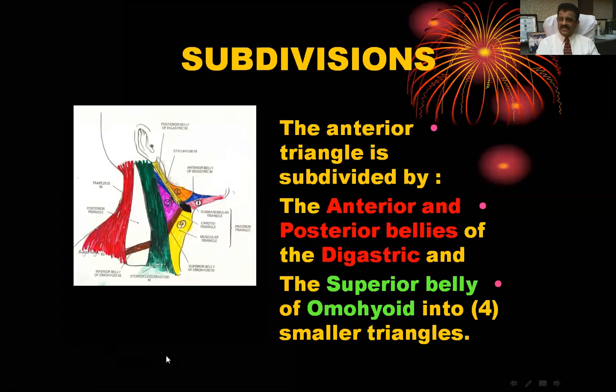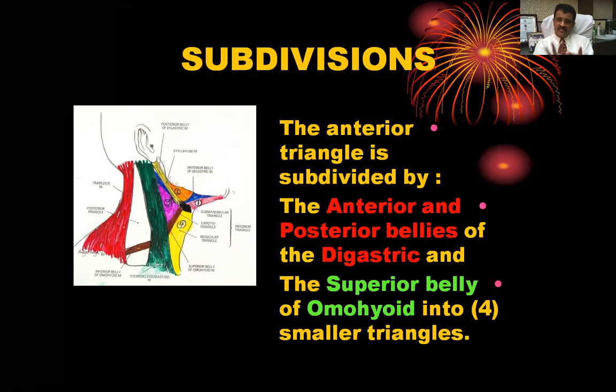Now what are the subdivisions of the anterior triangle of the neck? Yesterday I told you that the anterior triangle is divided into four triangles. It is subdivided by the anterior and posterior bellies of digastric and the superior belly of omohyoid. So three muscles are required to divide this triangle into four subdivisions, because the inferior belly of omohyoid lies in the posterior triangle.